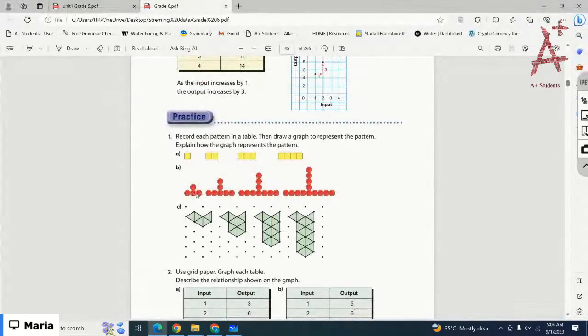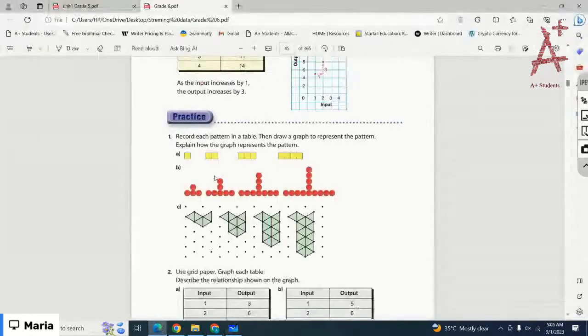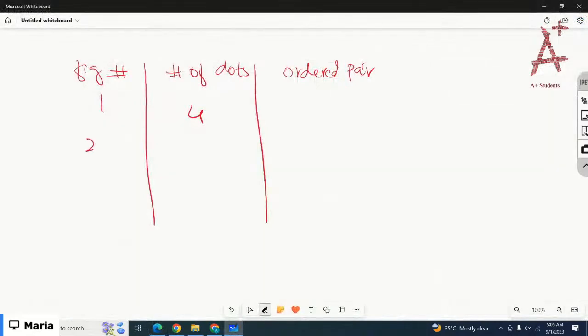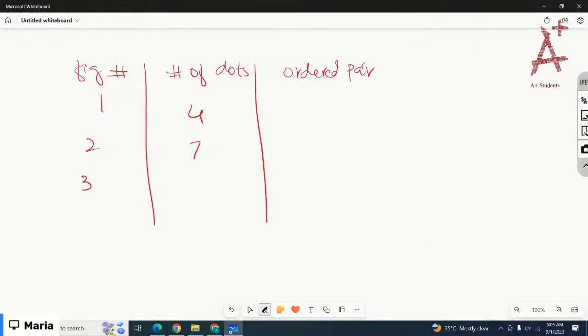Okay, so figure 1, you have 1, 2, 3, 4 dots. Figure 1, 4 dots. Figure 2, 1, 2, 3, 4, 5, 6, 7. We have 7. Figure 3, you have 1, 2, 3, 4, 5, 6, 7, 8, 9, 10. Figure 3, you have 10. And figure 4, it is 13.